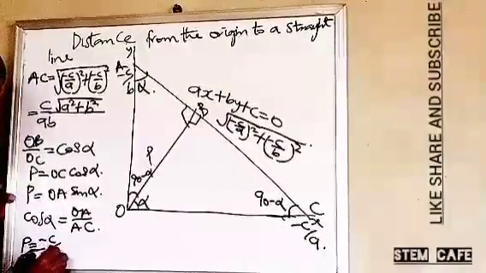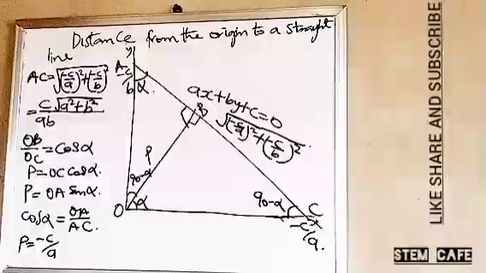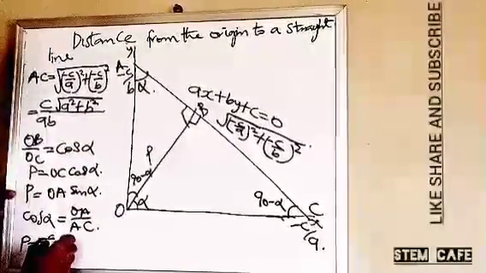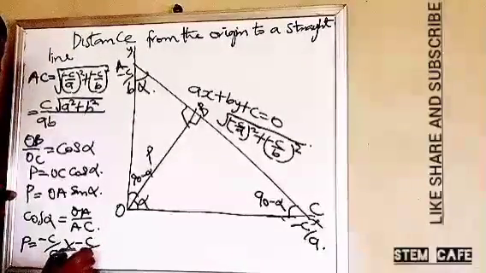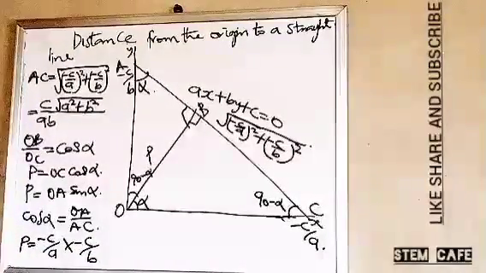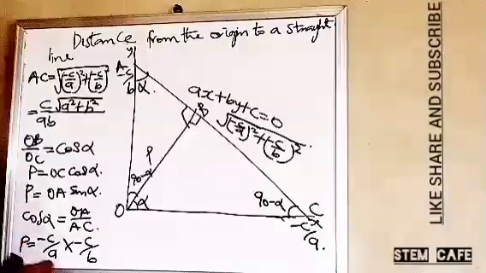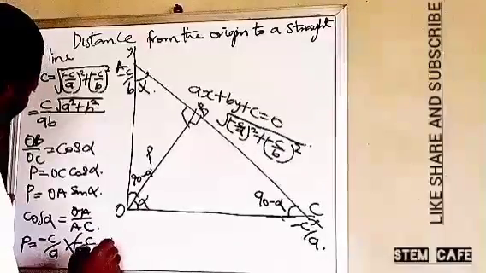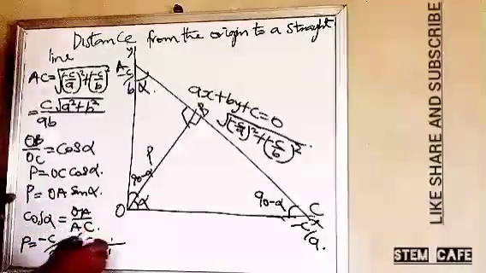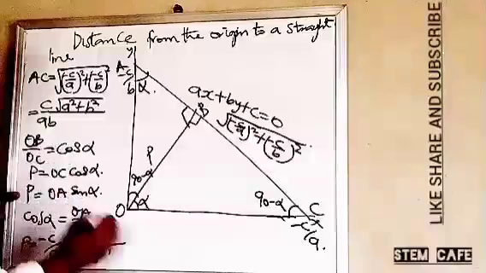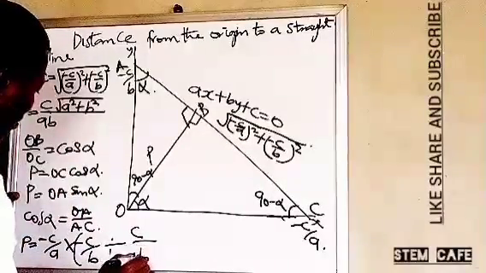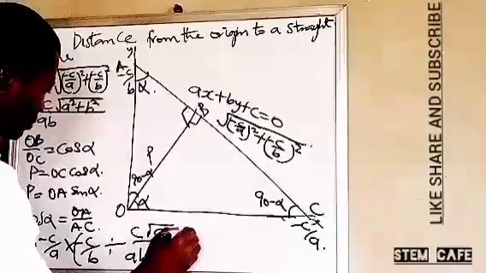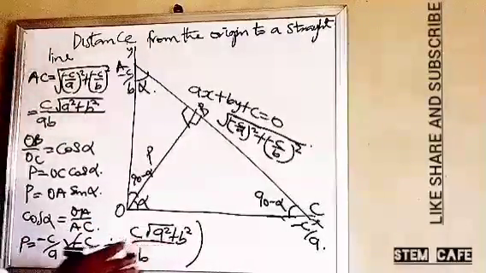Minus C over A. What is cos alpha? It is equal to OA over AC. What is our OA? That is minus C over B. And what is AC? AC is equal to C over AB roots A squared plus B squared. So this one here represents the cos alpha.